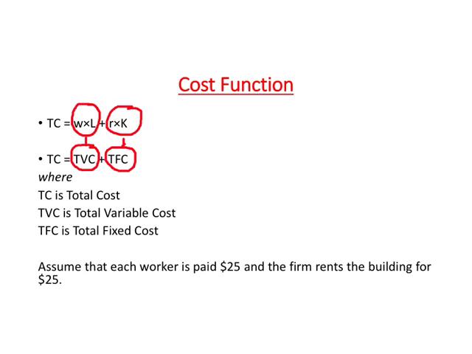Now, just as an example, let us assume that each worker is paid $25 and the firm rents a building for $25. We know labor is the variable input, so we can figure out the total variable cost depending on how many workers the firm hires. The firm rents a building, and this rent has to be paid irrespective of how much output is produced by the firm, or in other words, rent can be treated as fixed cost.